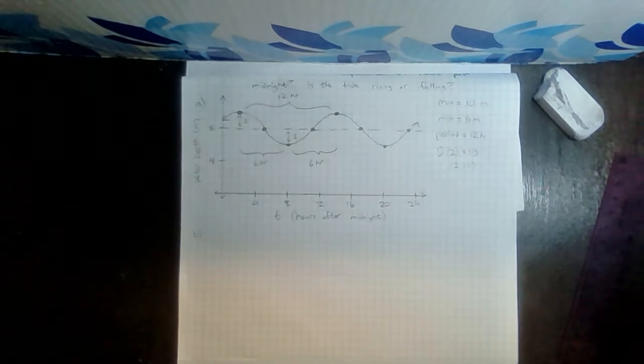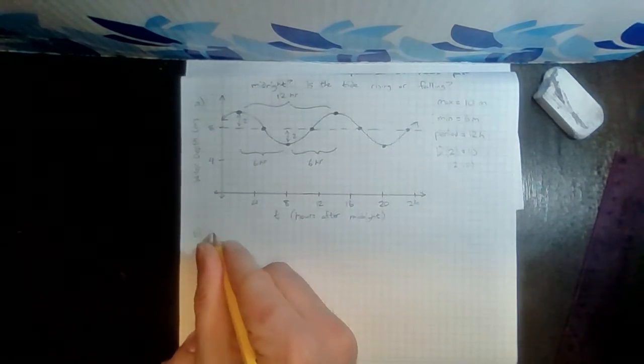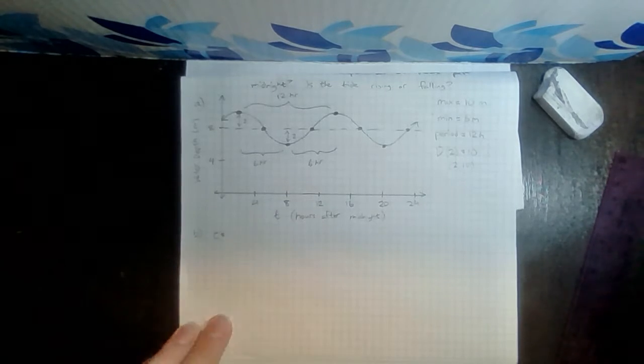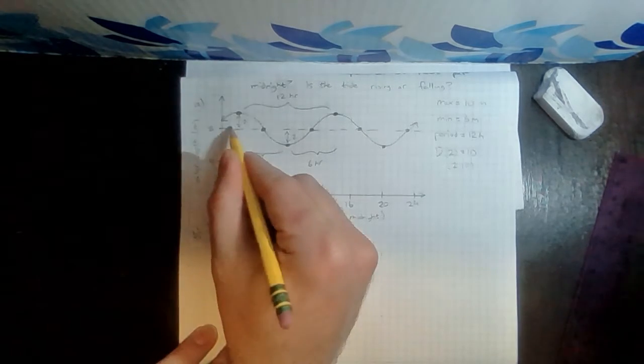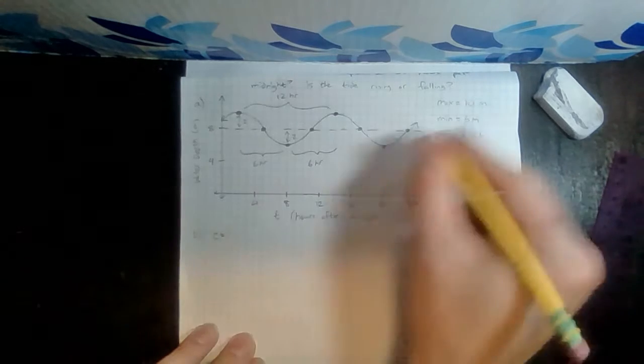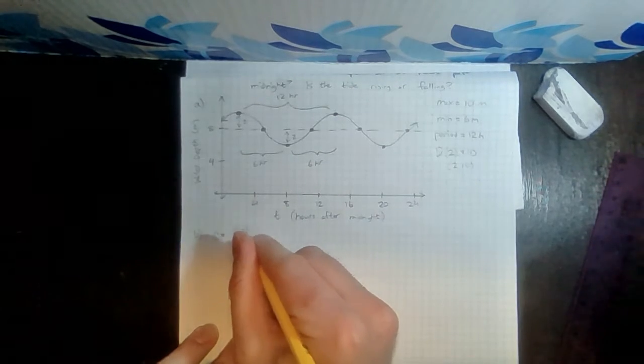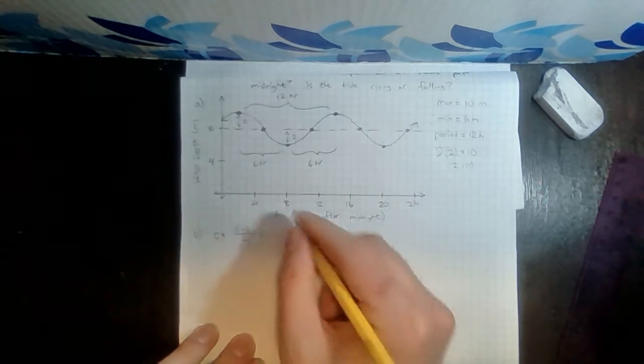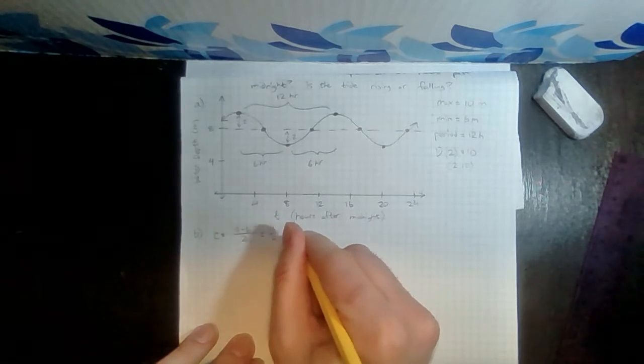So we can start off with our c variable, that's our axis of symmetry. Our axis of symmetry is 8. 8's our max plus our min divided by 2. 16 over 2 is 8.